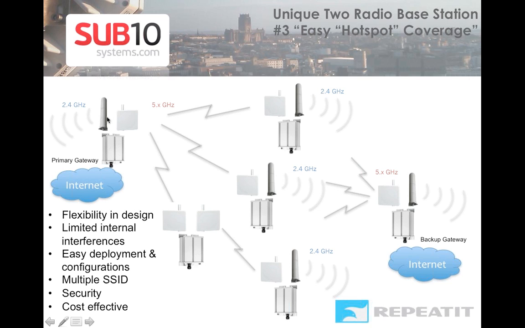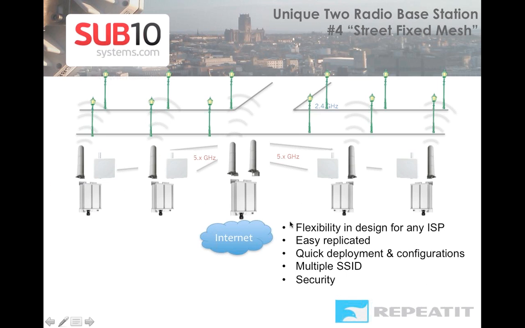And real clients are, for example, using 2.4 gigahertz, or it can be 5 gigahertz as well, with an omni antenna, which is like a hotspot, and the interconnection between hotspots is done through wireless. This is similar to a street fixed mesh. In this case, the difference is that you have an omni antenna for backhauling, which is over 5 gigahertz, and you have an omni for 2.4 clients, and you are covering some street or some large area.